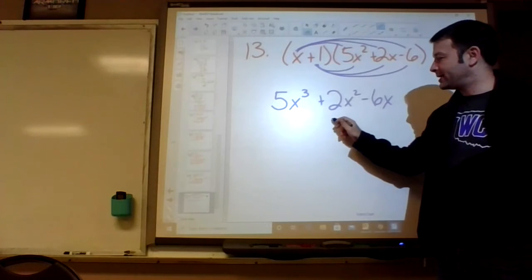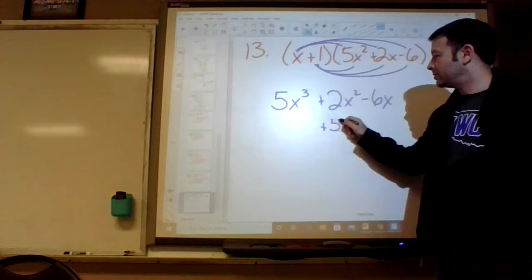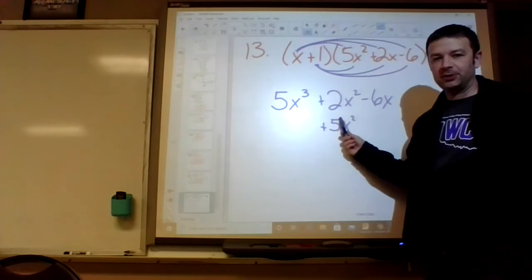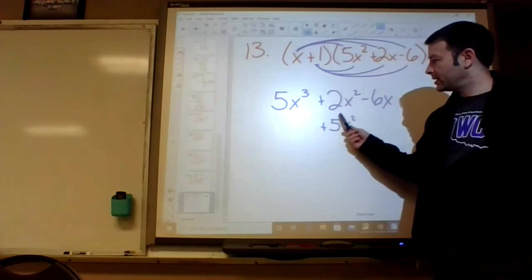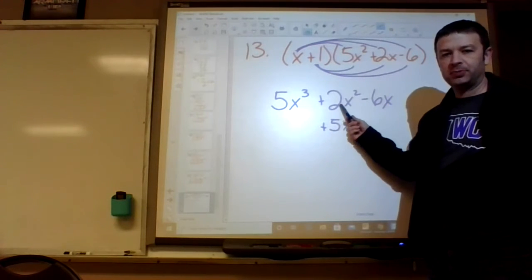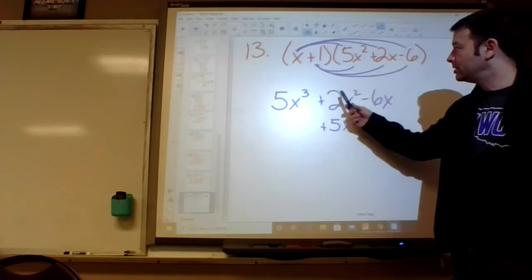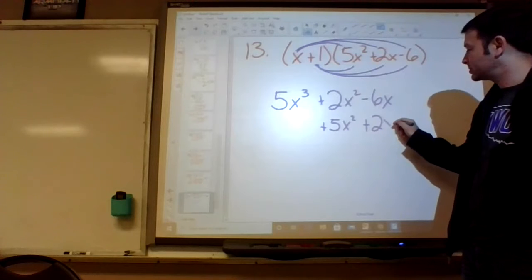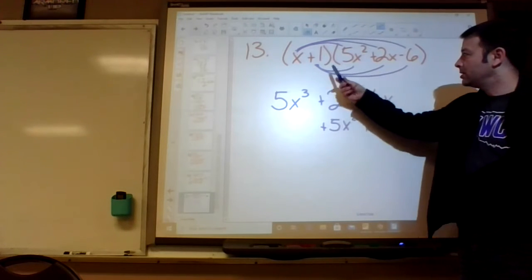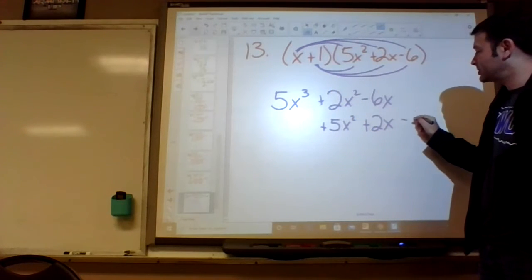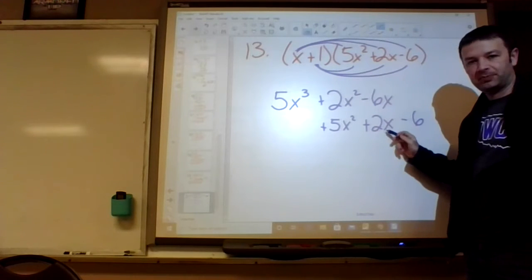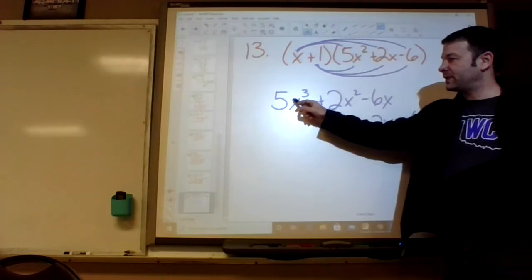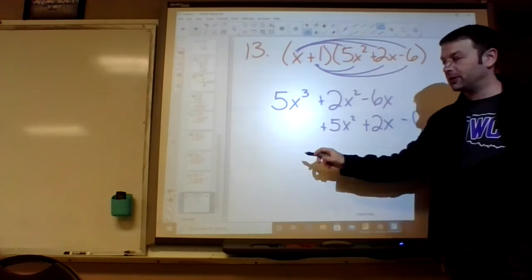I'm going to stack it instead underneath, because these two are like terms, and it'll help me in the end to add the like terms together. 1 times 2x is 2x, positive, so plus. 1 times minus 6 is minus 6. So notice my x terms are stacked also. The minus 6 is by itself, the 5x cubed is by itself, there's nothing like that.